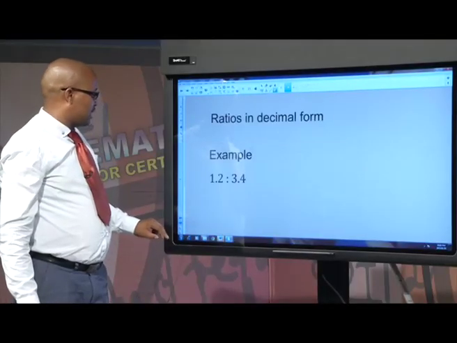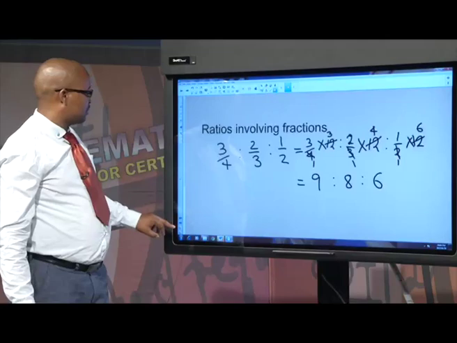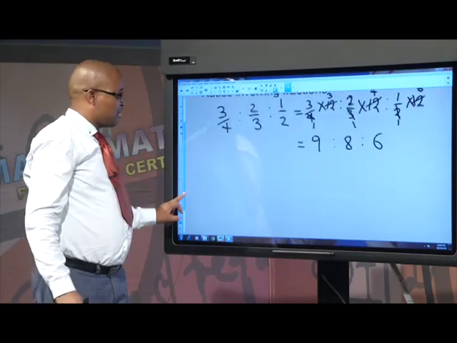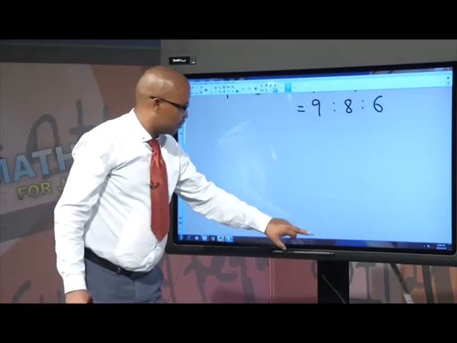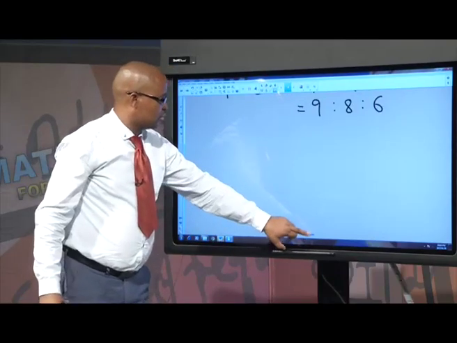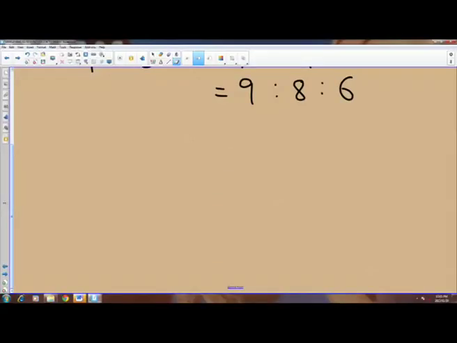Let us have a look at another example involving fractions. We can have 1 over 5 is to 3 over 10 is to 3 over 5.